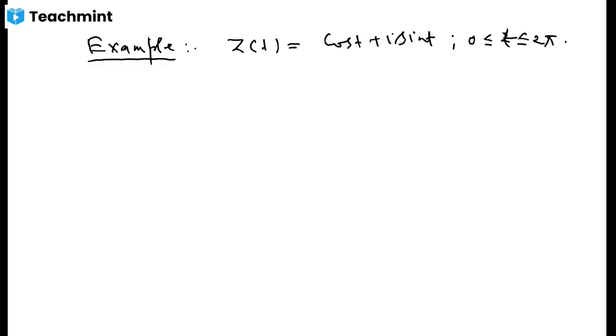So clearly it is a smooth arc because both the functions are differentiable, and also its derivative is nowhere 0.